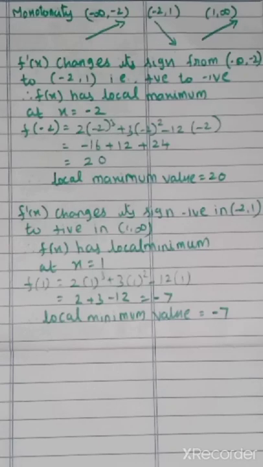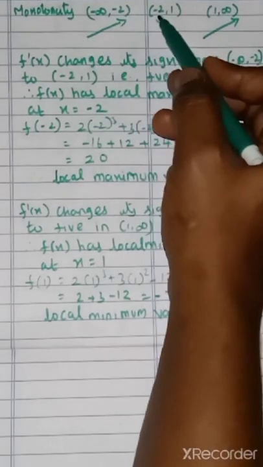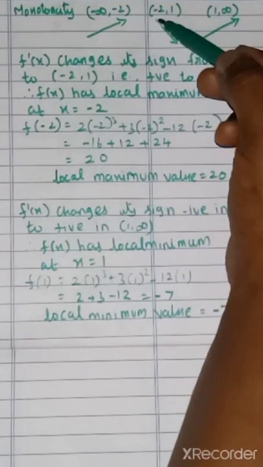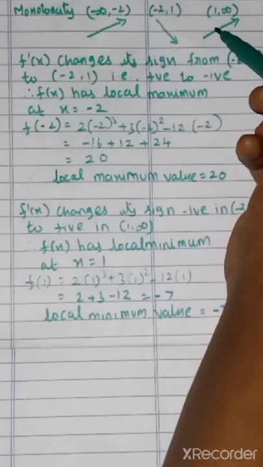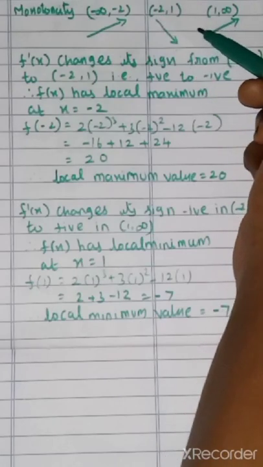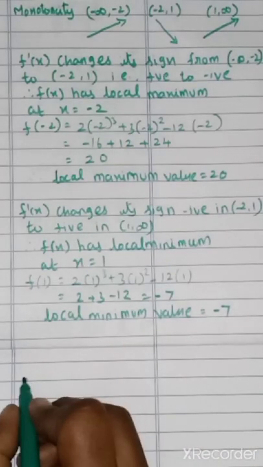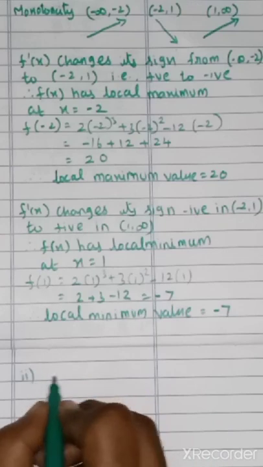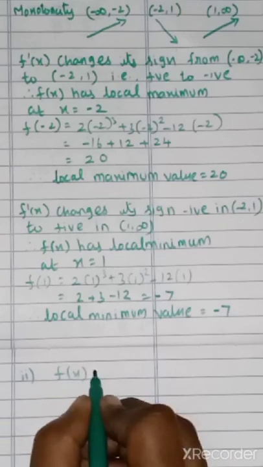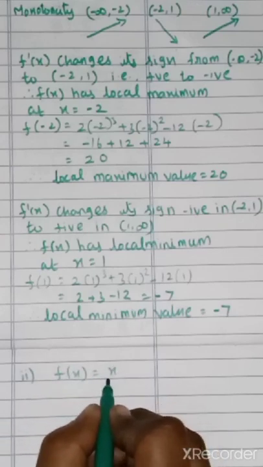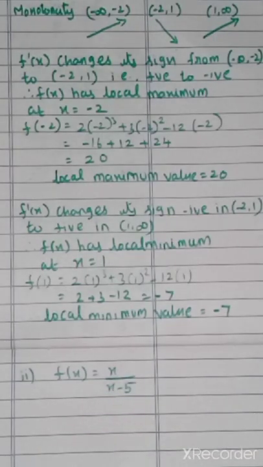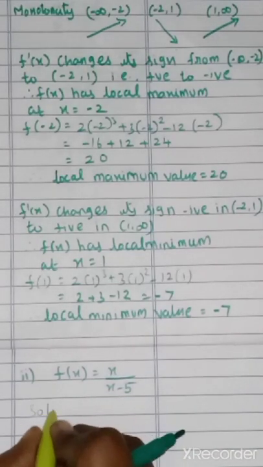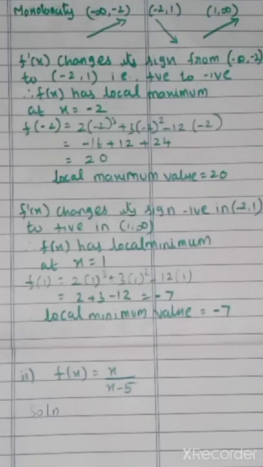That's all. So did you understand how to find the local maxima and local minima? Increase then decrease is local maximum, decrease then increase is local minimum. Is that okay? Now take your second subdivision, and your question is f of x equal to x by x minus 5. So f of x equal to x by x minus 5.